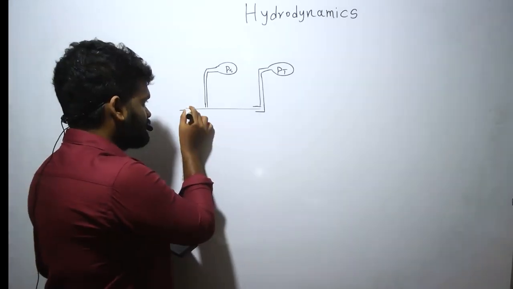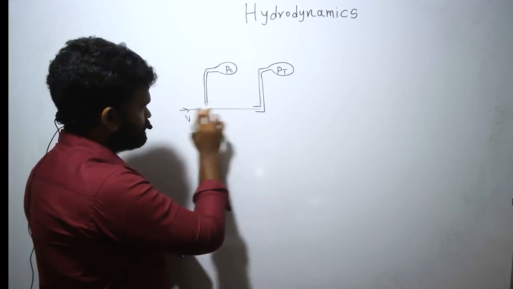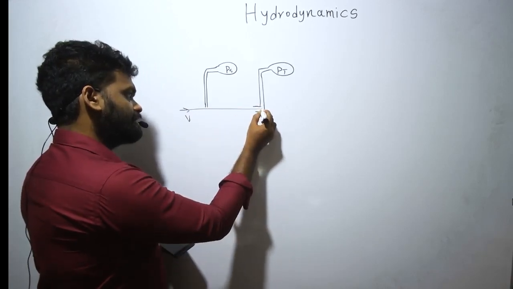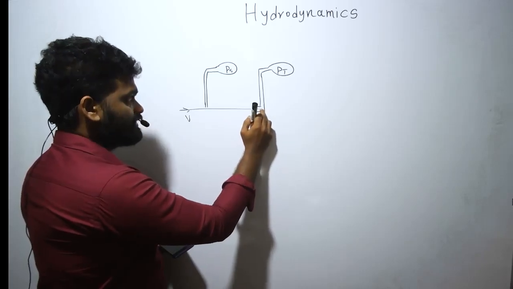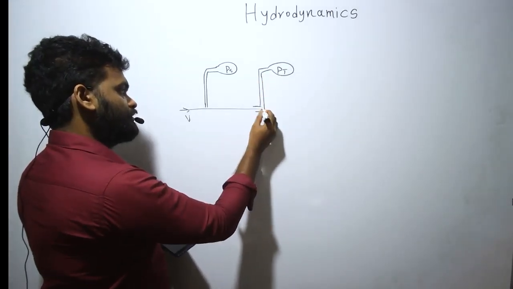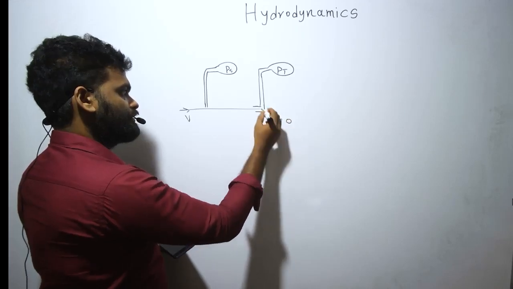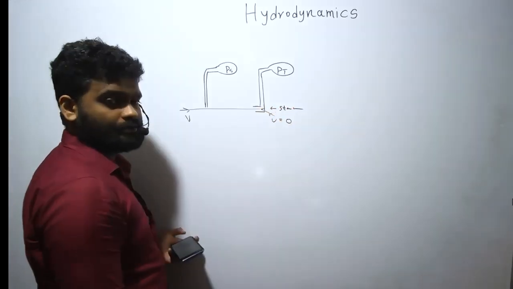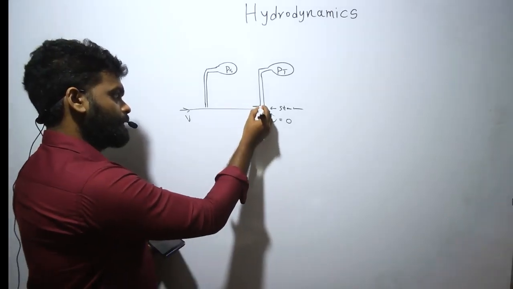So let's say velocity is V. So it has a velocity V. So you can see here, the airstream stops, right? It cannot go like this because it is closed. So the velocity here is 0. A point like this we call stagnating point.